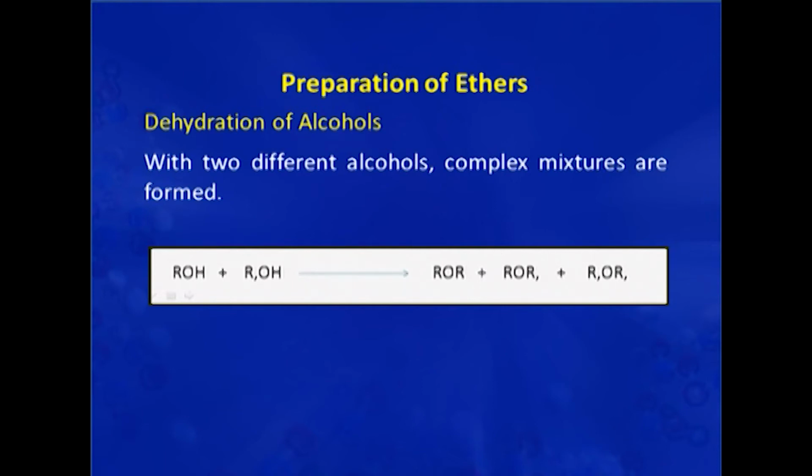We will get a mixture and it will be difficult to separate the mixture of ethers, and that is why this dehydration of alcohol is a good method for the preparation of symmetrical ethers, but not for unsymmetrical ethers. We will now discuss the mechanism of dehydration of alcohol.